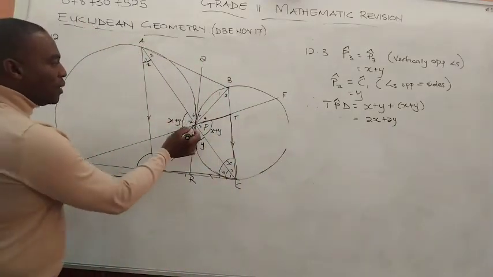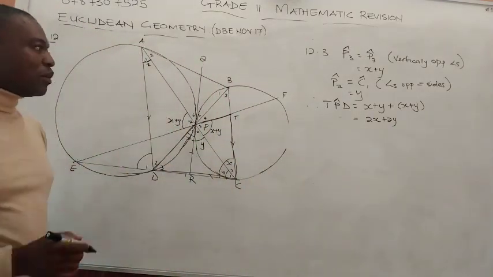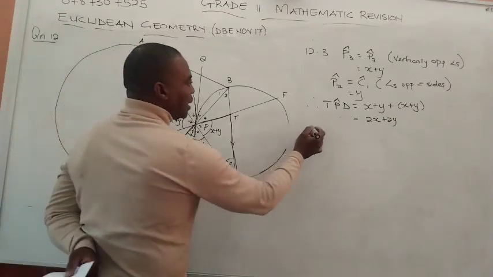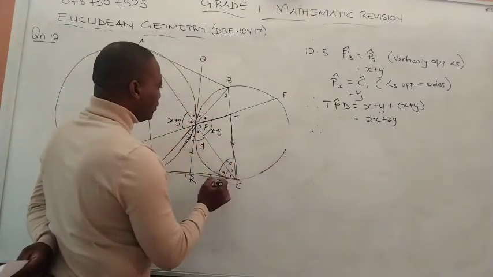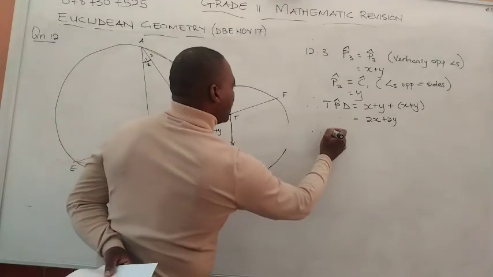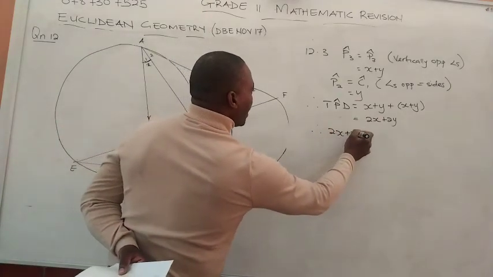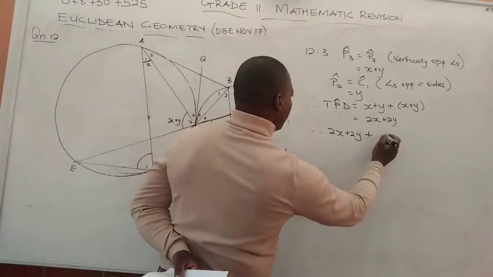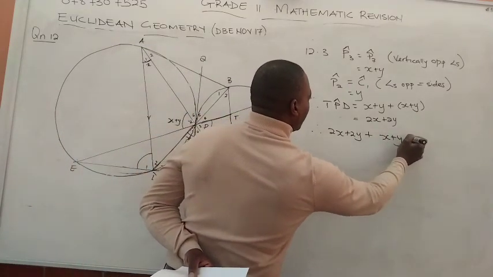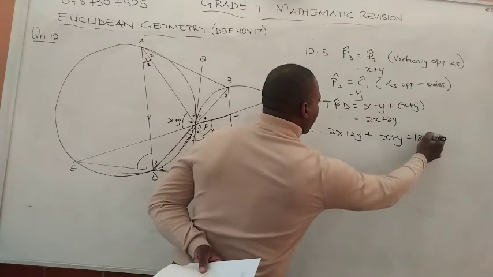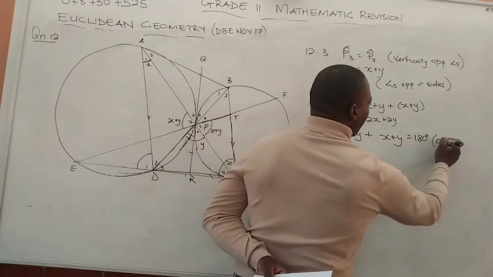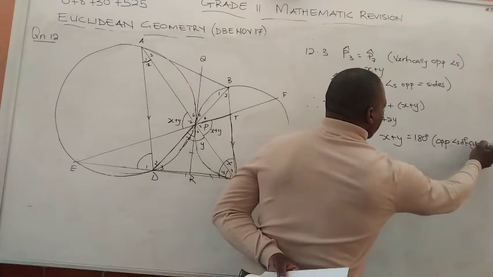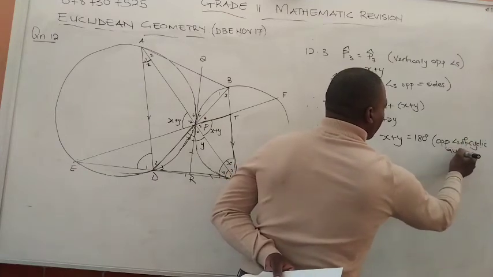And then we know that opposite angles of a cyclic quad add up to 180. So we are saying therefore 2x plus 2y plus angle C, which is x plus y, should give us 180. And the reason is opposite angles of cyclic quad are supplementary.